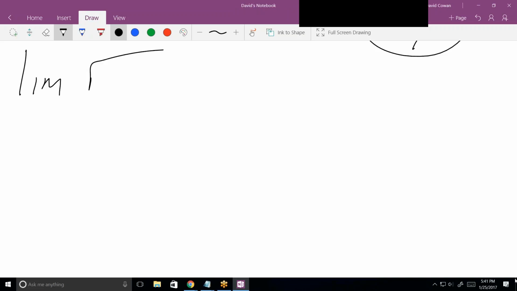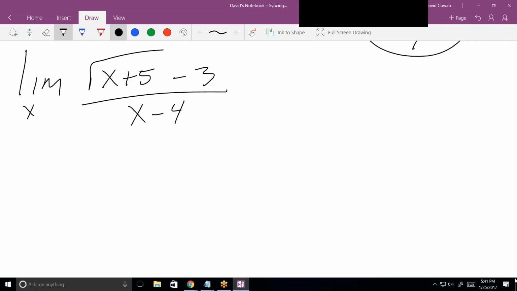Again, we got radical signs, which means we're probably going to have to use the conjugate because I don't see any way to factor this. And this clearly is going to be as x goes to 4 because that's the only thing that's going to give you 0 over 0. Okay, so what's the next step?